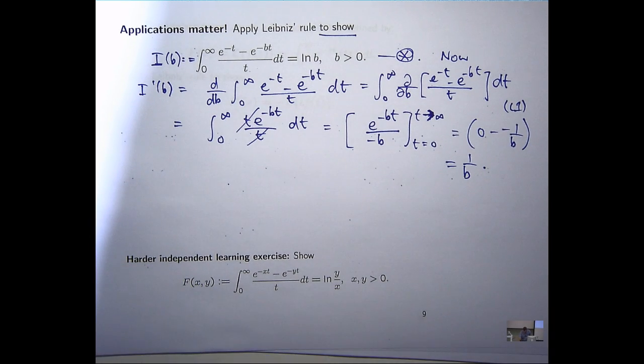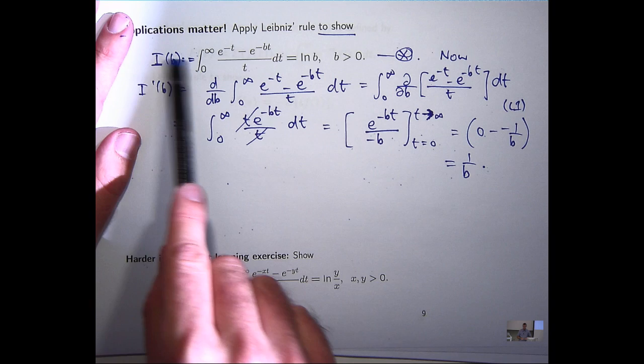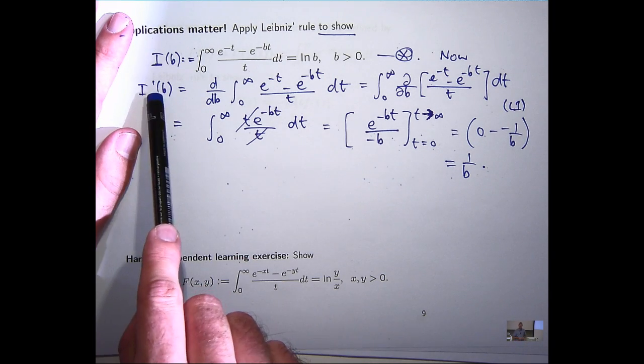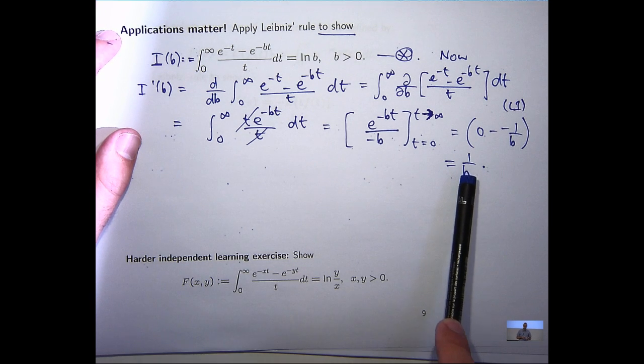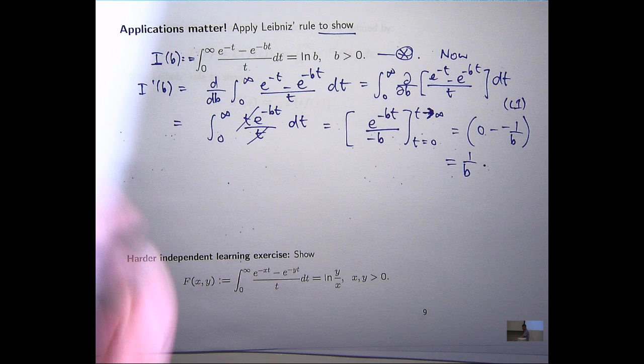Now, you may be thinking, well, so what? What have we produced? We found the derivative of our original expression, and we know that the derivative is 1 on b. So why can't I just integrate 1 on b to get I?